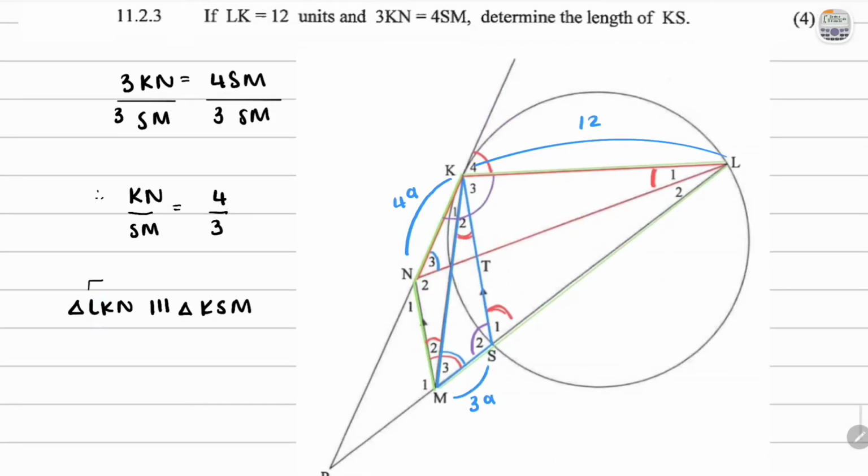If you take LK, you have to take this over KS, so they are really in proportion. That is equal to, and then what else did they give us? They gave us the ratio of KN and SM. So we take KN, and as you can see, when you take K and N, the corresponding side is SM indeed. So we have KN and SM.